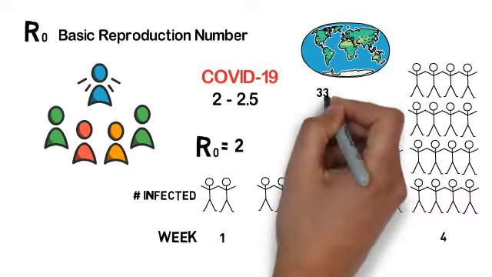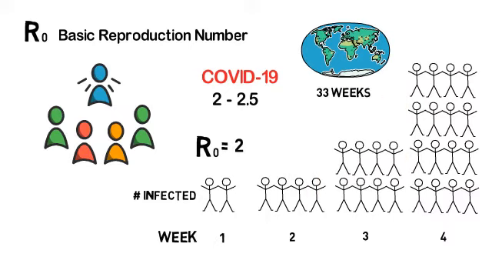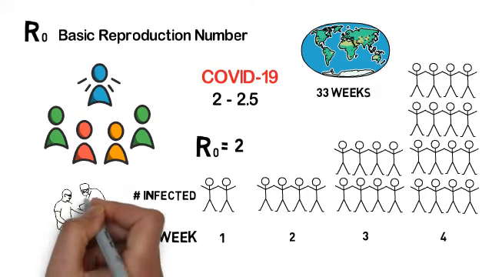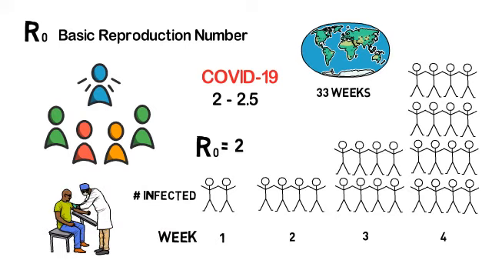This sounds like we're doomed. But the assumption of R0 is that everyone can catch the disease. Once a person has recovered from the disease, they will gain some immunity. In other words, there are some people in the population unsusceptible to the virus.